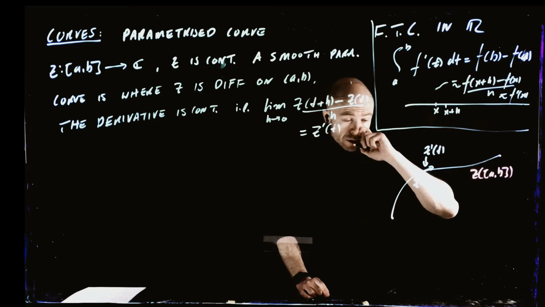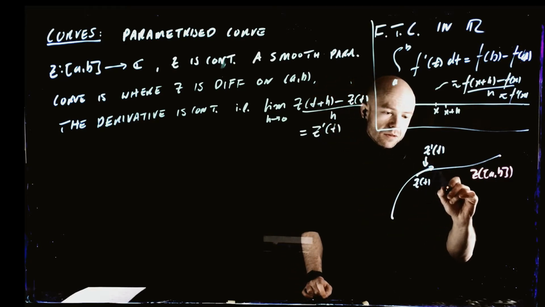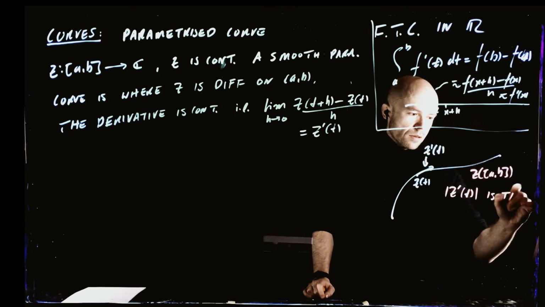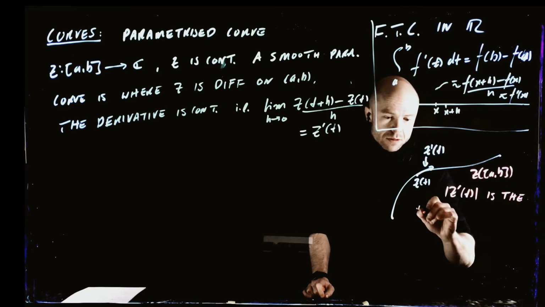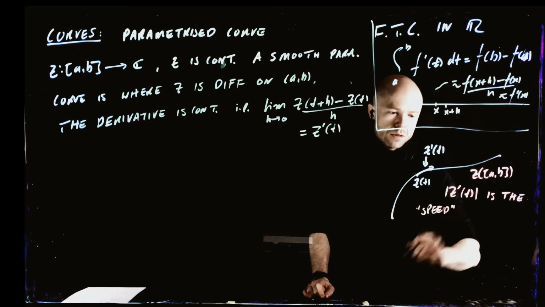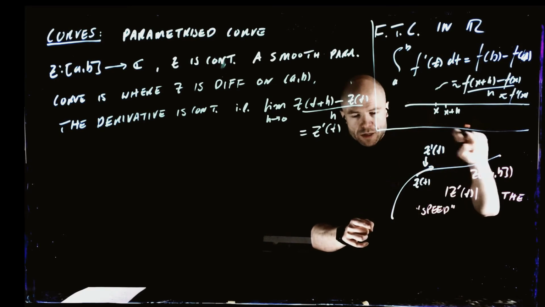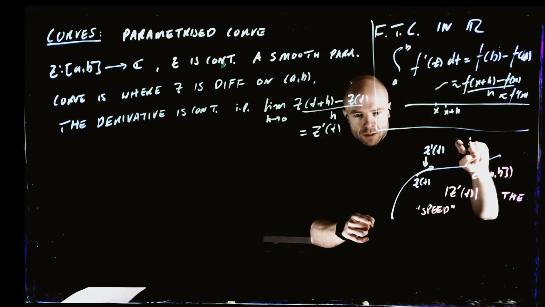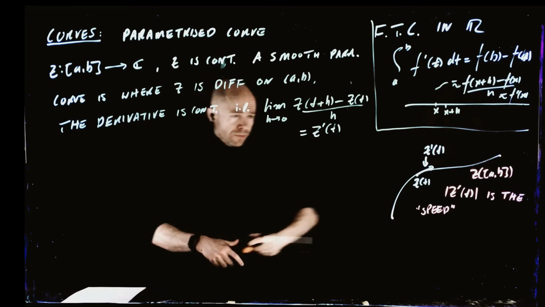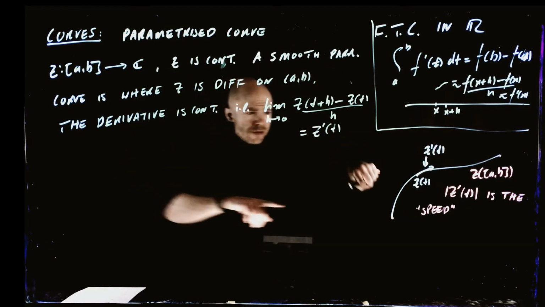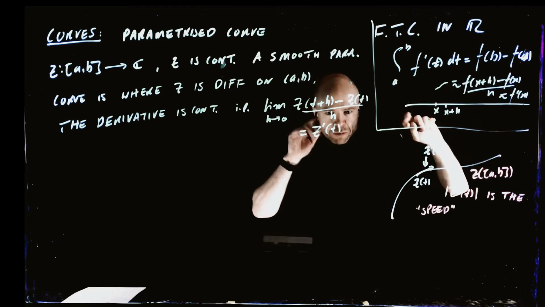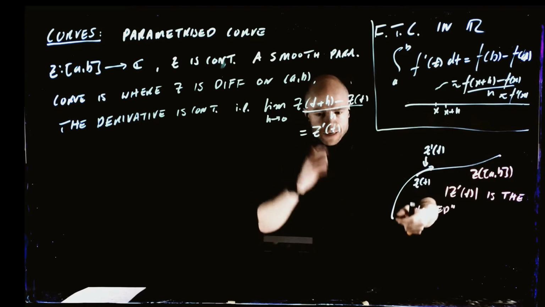So z prime of t is the speed as we travel along this set of points. So this is a kind of a hint that the parameterized curve and the actual set of points in the plane that we think of as a curve, that's what we naturally mean by a curve, are not exactly the same things.